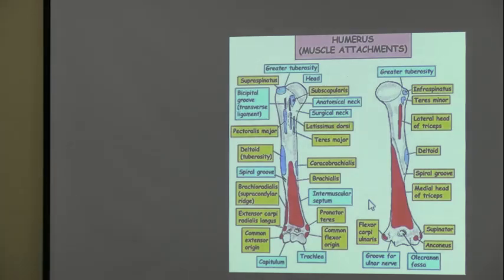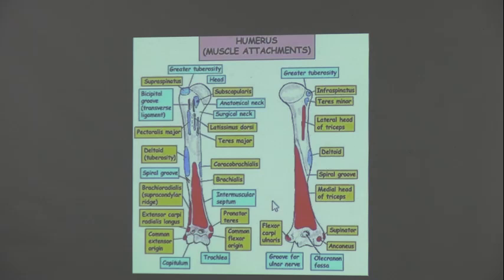Can anyone draw? Draw as much as you can. See, I also drew. Draw it. Draw humerus like this. Okay. First you draw the outline of humerus. And make it a little big so we can accommodate those muscles and their names.